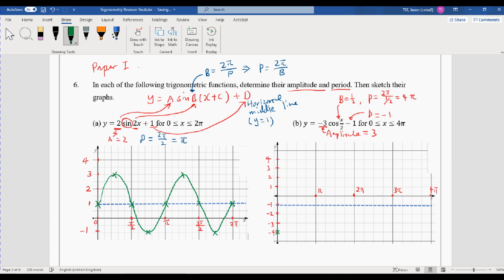Since the period is 4 pi, the curve will go to the middle line right here, and it goes to the highest point at 2 pi. At the highest point from the middle line, you need -1 plus 3. So here it is. There's another one.